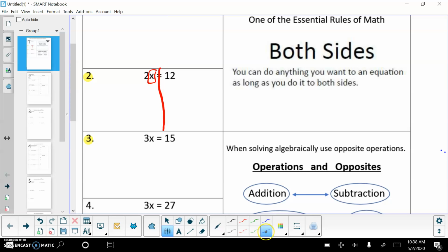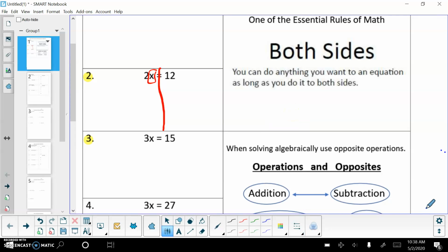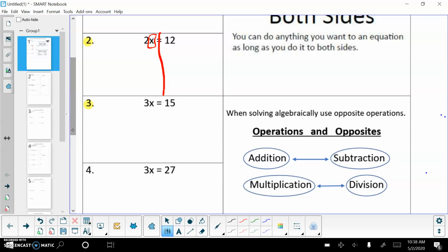So that means I need to get the 2 away from it. To do that, I need to look at how it's connected. That is 2 multiplied by x, or 2 times x, which we read as just 2x. But it's connected through multiplication, and the opposite of multiplication is division. So I'm going to divide by the 2 to remove it, and 2 divided by 2 is 1, so I end up with 1x.